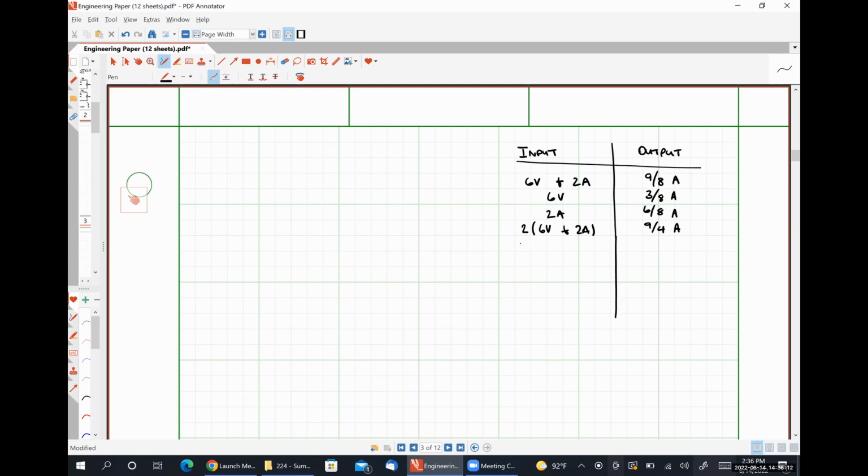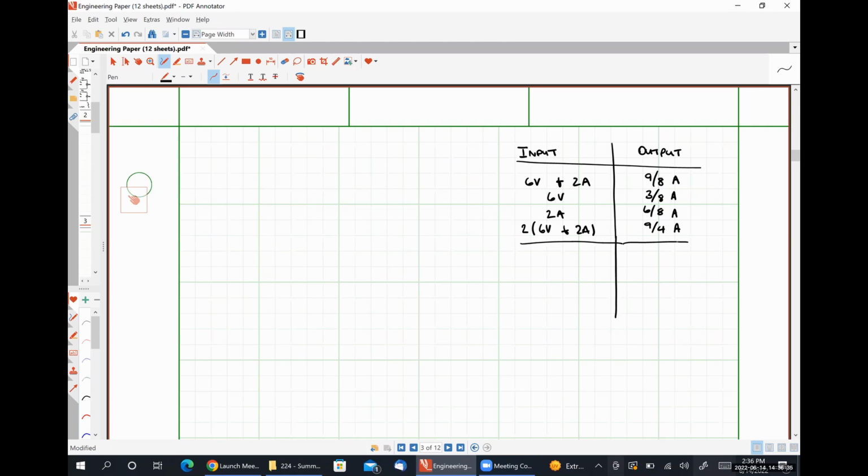So what I want us to do now is to use these properties to make some predictions regarding the behavior of our circuit. And then we're going to do some analysis and find out whether or not our prediction is correct.